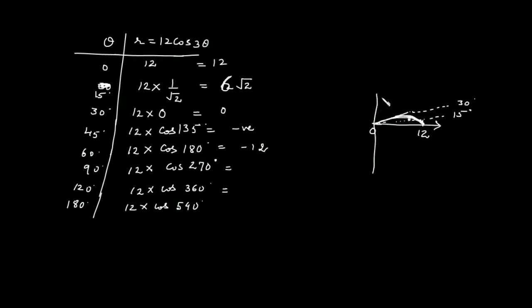Now since your graph is symmetrical about the x-axis, this is the complete leaf, right? And when you move to angle 135, it is negative, you come back. When you move to angle 180, it's minus 12, which comes back, right? And so on. Since this graph is symmetrical about the x-axis, you get this leaf.